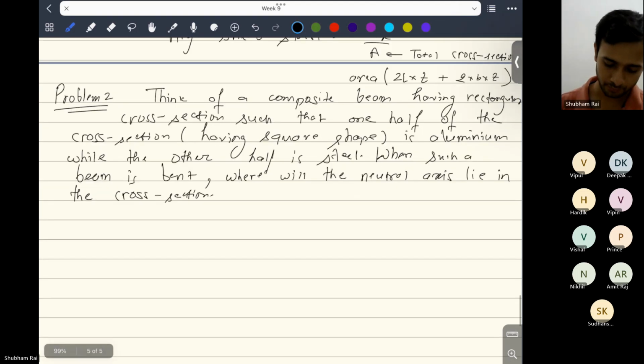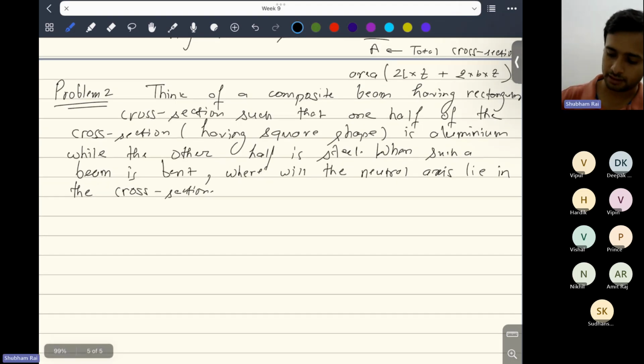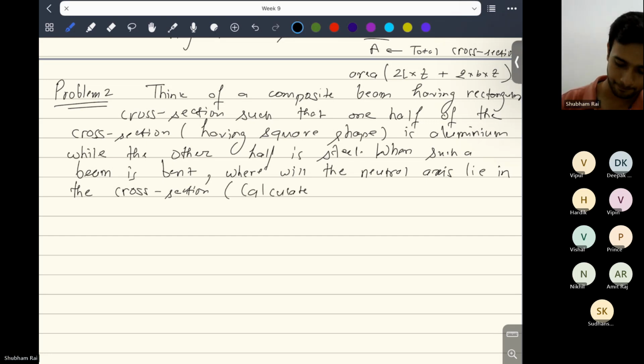You have to calculate the distance of the neutral axis from the bottom line of the cross section.